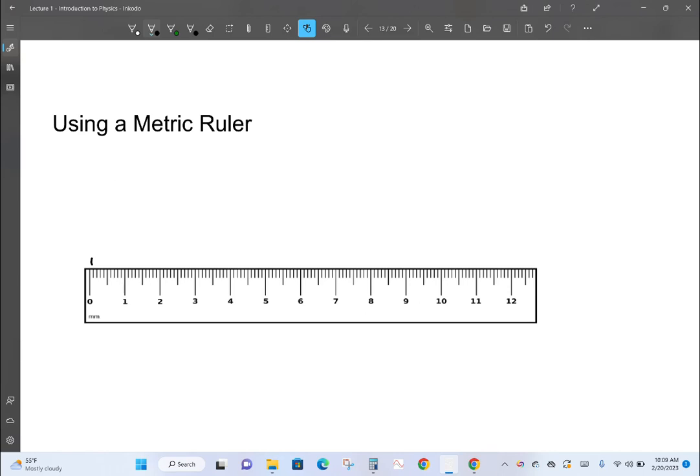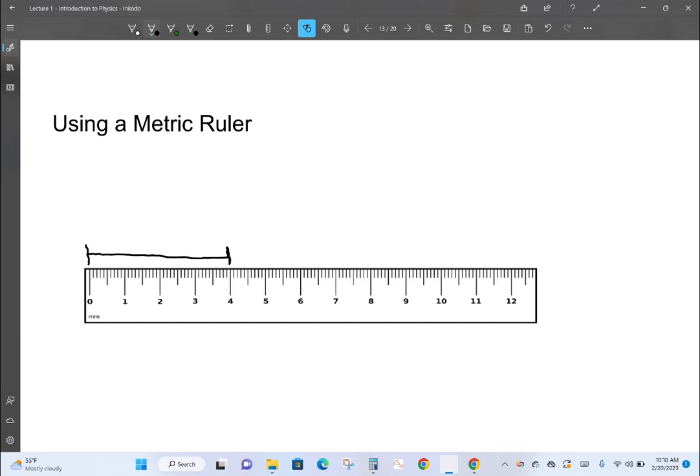Okay? So let's say that we have a line and we're going to measure the length of it. It's pretty clear cut that if we measure a line that goes to this number here, it's right on 4 centimeters. So we know the answer is 4 centimeters, but how many decimal places can that have? Well, we know that the smallest division is 1 millimeter, or 1/10 of a centimeter.